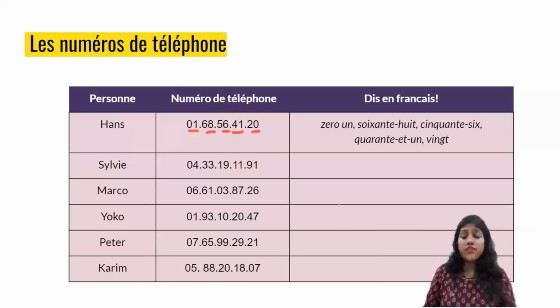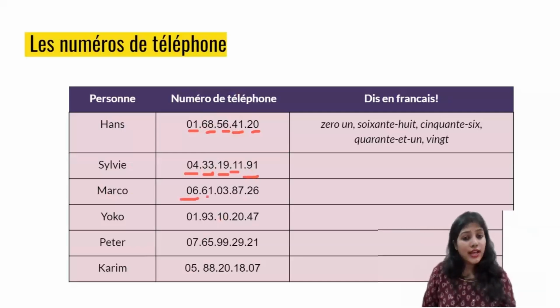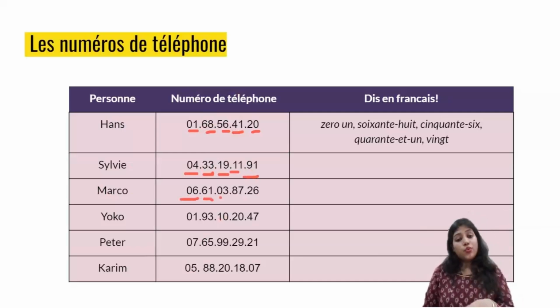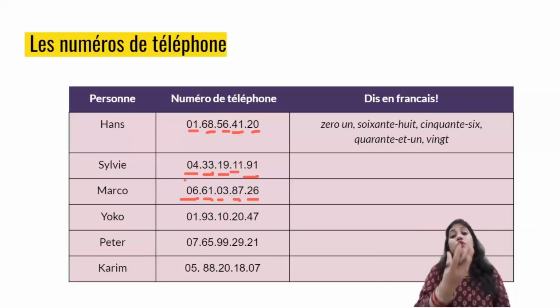I'll do one more for you of Sylvie. 04, 33, 19, 11, 91, 06, 61, 03, 87, 26. Okay, so you write in doublets, you speak it in doublets, so that's how it goes.